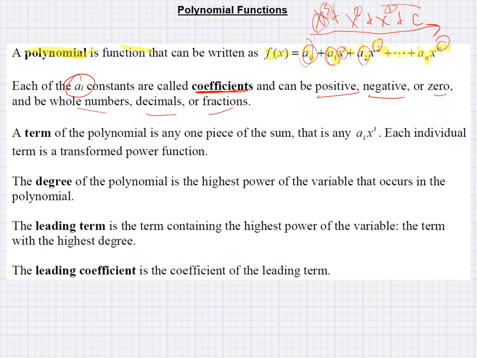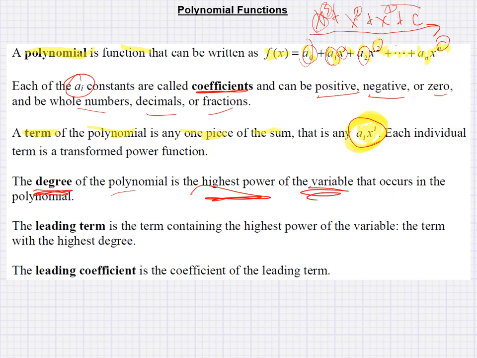Then we define a term of a polynomial to be any one piece of the sum. Essentially a sub i x to the i, the a and the x combined, is considered a term of the polynomial. You have the coefficient and the x to some power. The degree of the polynomial is based on the highest power of the variable.